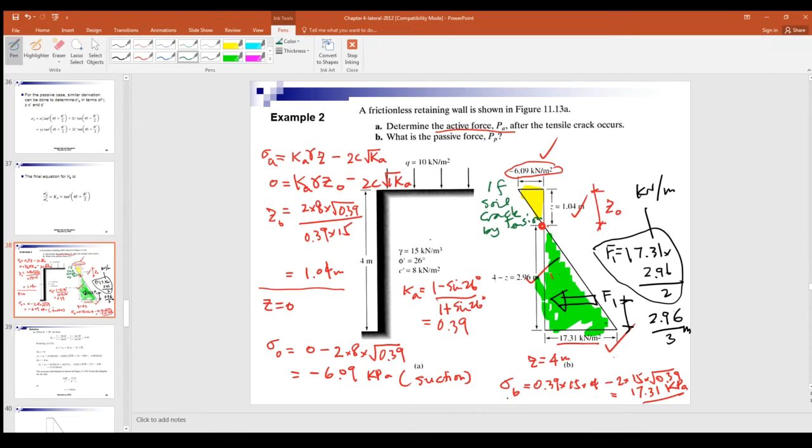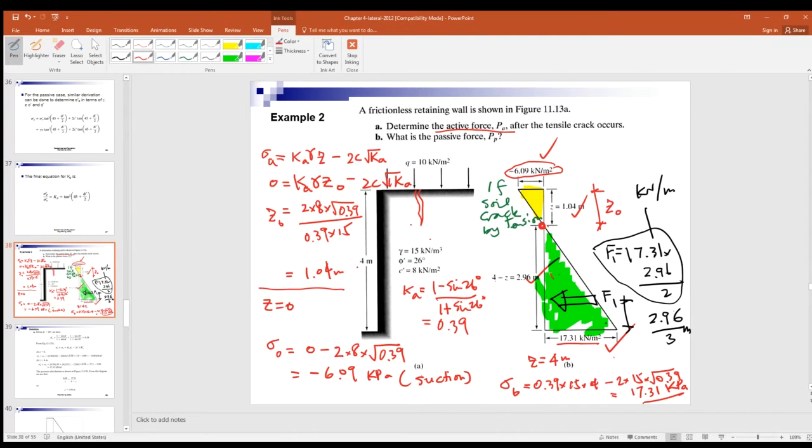So the soil will simply be broken into two parts. So you have the tension cracks here, and that is the Z0.